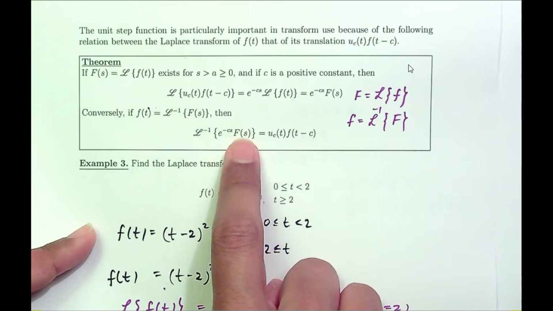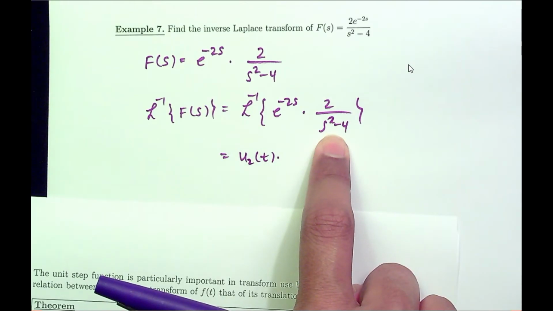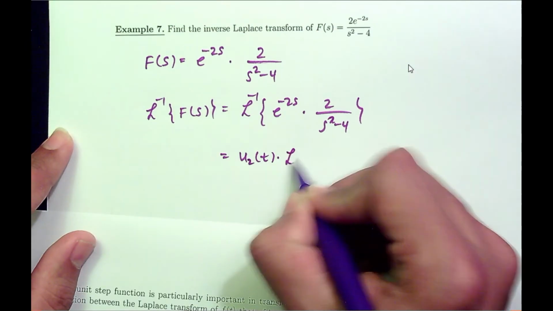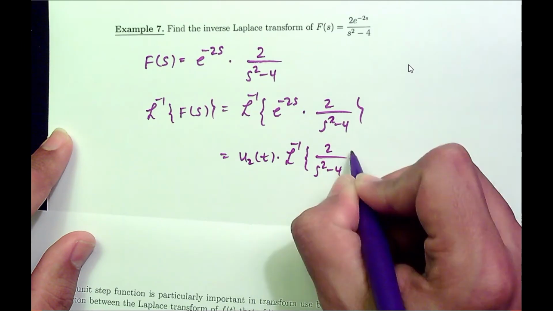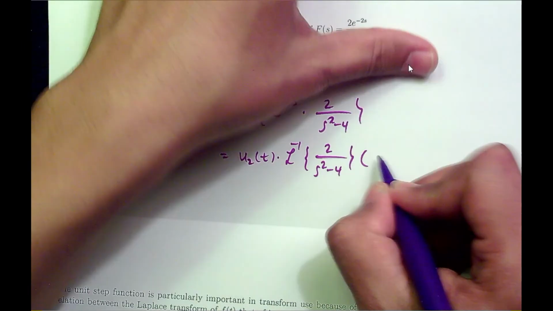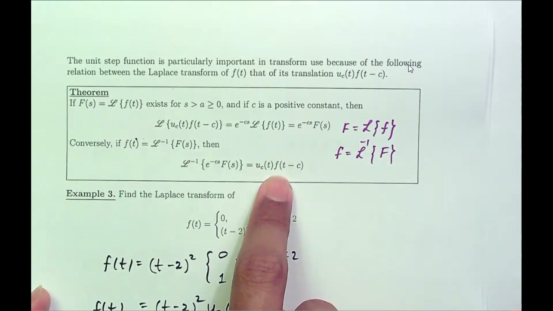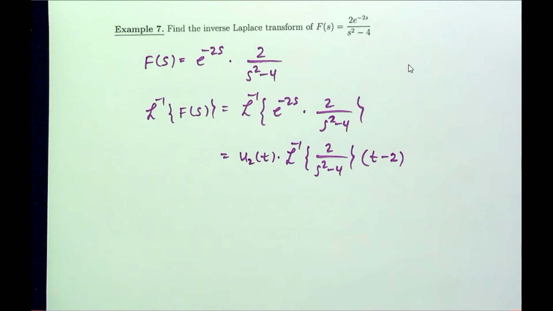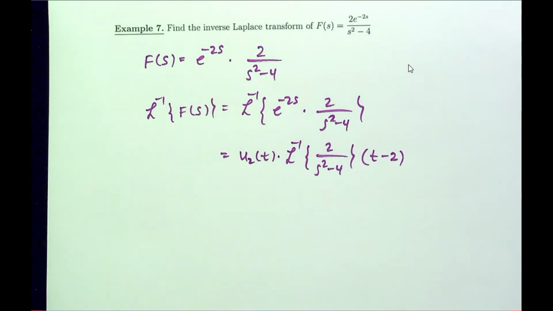So that means I need to find the Laplace inverse of this function right here, and evaluate it not at t, but at t minus 2. That's what that formula tells me. Okay? So then we need to find what that is. And hopefully that is in the table.